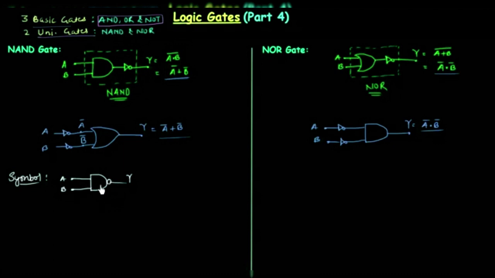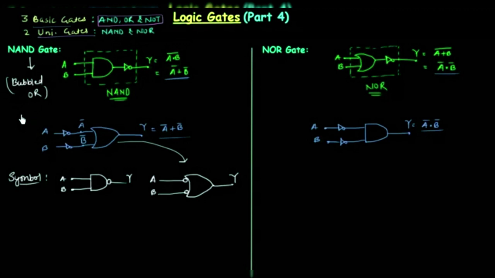This is how we represent NAND gate, and to represent this arrangement we will first make OR gate, and then we will use two bubbles here, a, b, y is the output, and because of this we also call NAND gate bubbled OR.